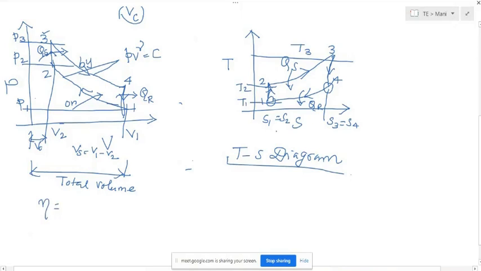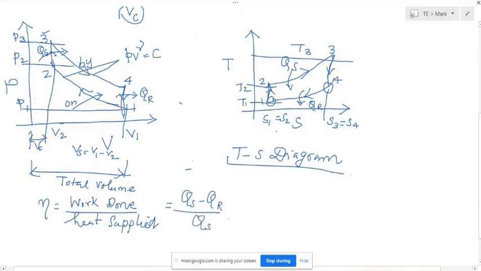So generally we know that efficiency is defined as the ratio of work done to the heat supplied. Okay. So net work done is nothing but the difference of heat supplied and heat rejection, right? So this is the general formula. So by that we can derive the efficiency of an Otto cycle.